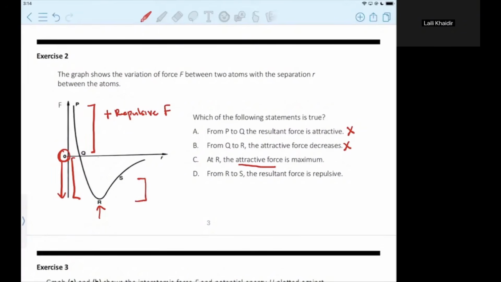We know that the negative side of this graph of force versus separation of atoms is showing negative attractive force. Therefore, the statement of D is also wrong. So the best option would be C.